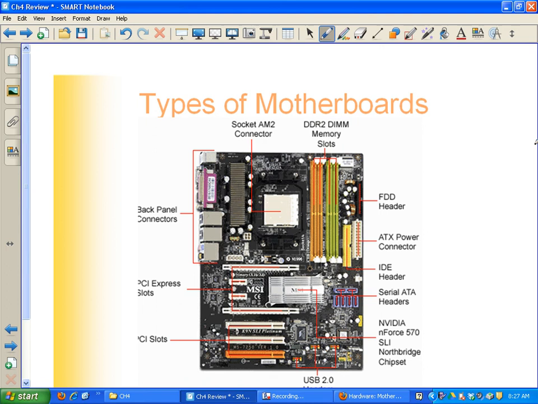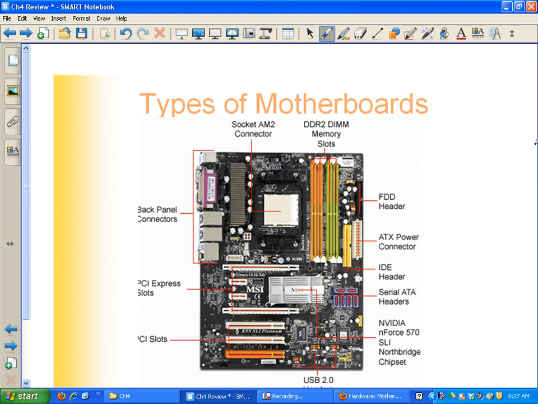So I need to be able to identify these things. Nobody has a problem identifying the memory and the CPU socket. This one, is it PGA or LGA? It's PGA. It's got pinholes. Because it's PGA, it's most likely for AMD. If it's LGA, it's most likely for Intel.